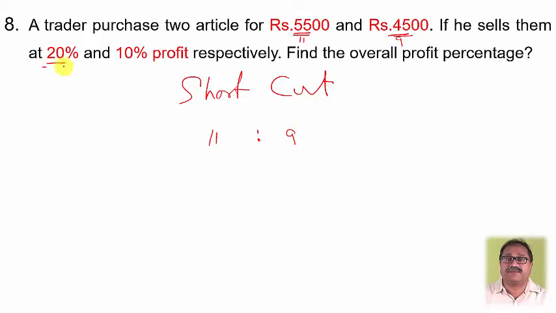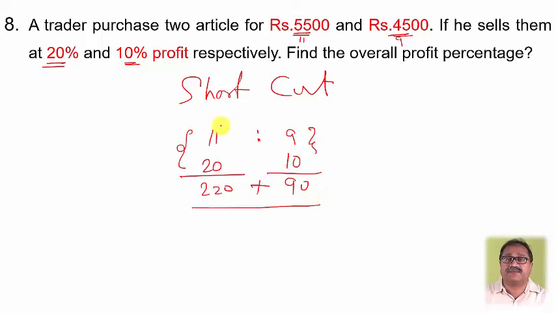And the first one 20% profit, so write down 20 here. Second one 10% profit, write down 10 here. Now we will multiply these two, that is 20 into 11, that's 220. We'll multiply these two, and that is 90. Add these two figures and divide it by the sum of these two terms, that is 11 plus 9.